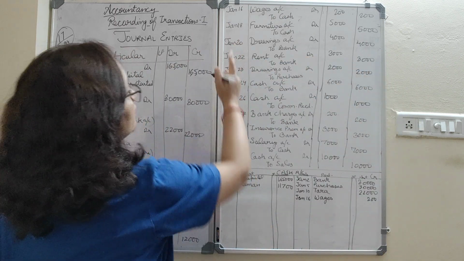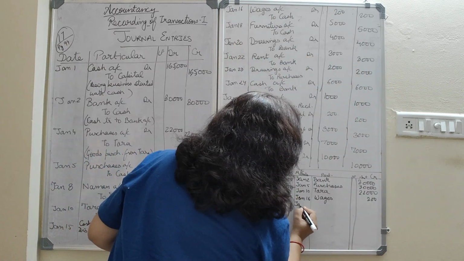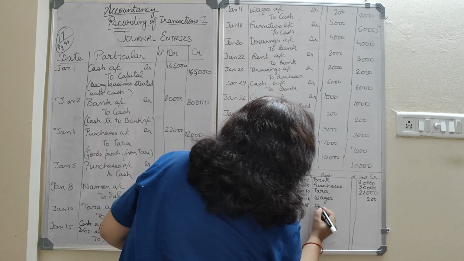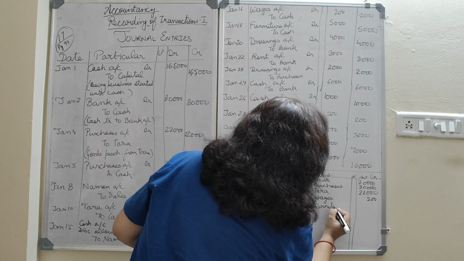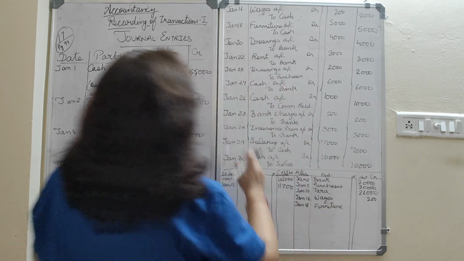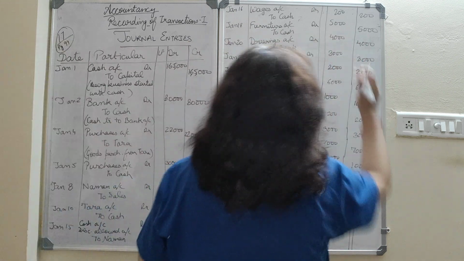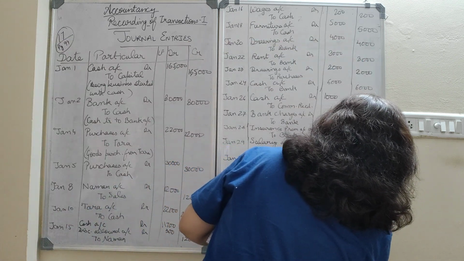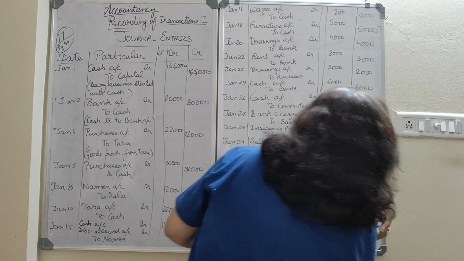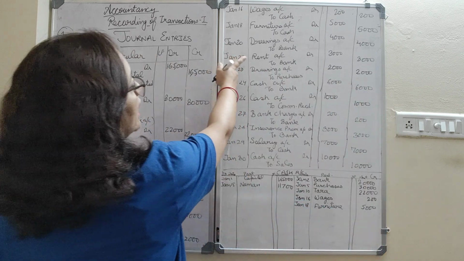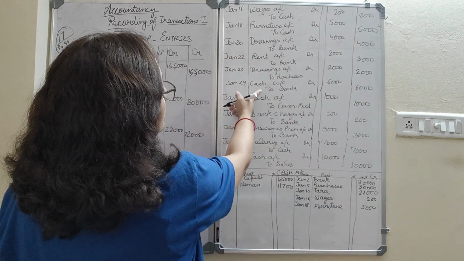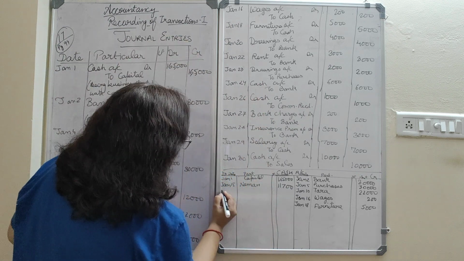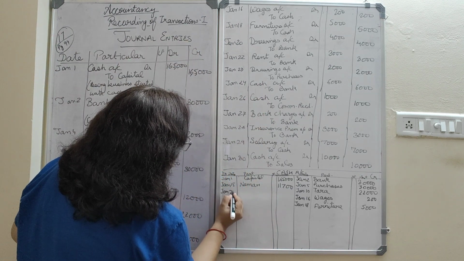Now next we have furniture. Furniture will be how much? 5,000. Right? Now cash, we can see where it is here. Bank. January 24.